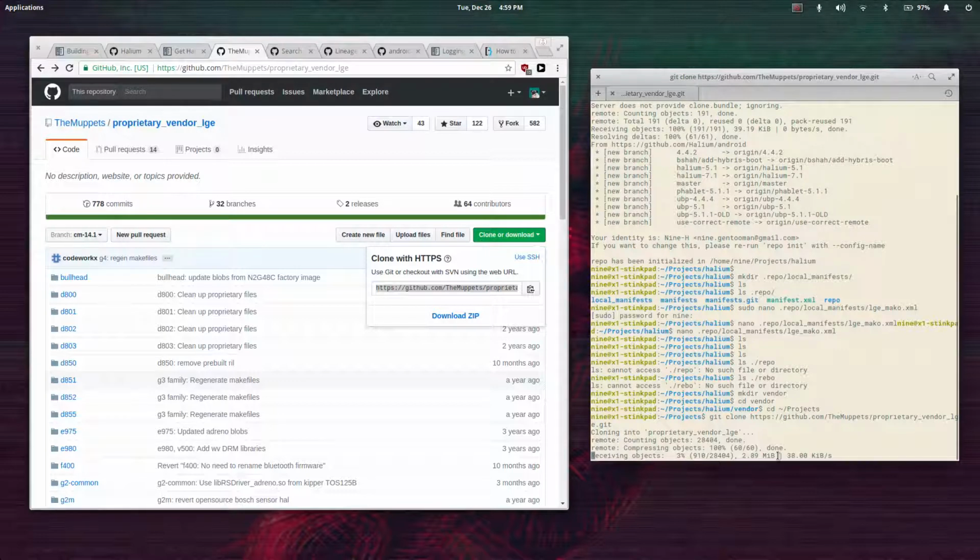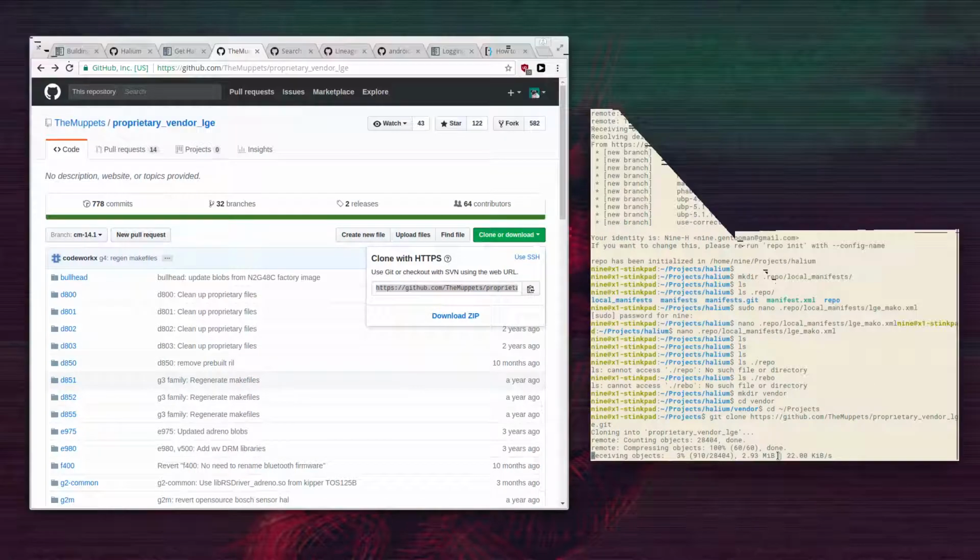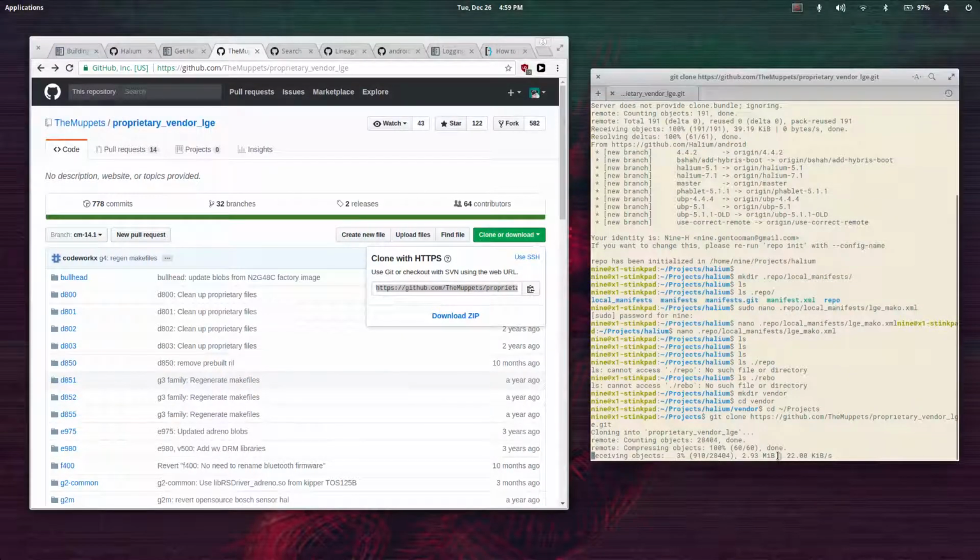And obviously I need that to build Halium, which is an image that encapsulates the HAL layer in the Android stack, and lets you put Linux on top of it in an LXC container. Is that a tautology? I don't know.